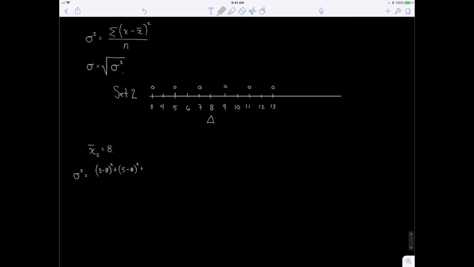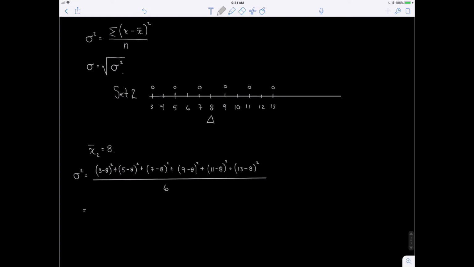That's going to be a 7 minus an 8 squared, plus 9 minus 8 squared, plus 11 minus 8 squared, plus our last data value, 13 minus 8 squared. Take those and we divide them by the number of data, which is 6.